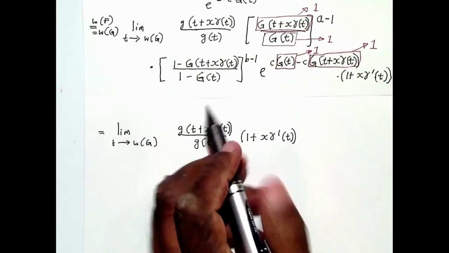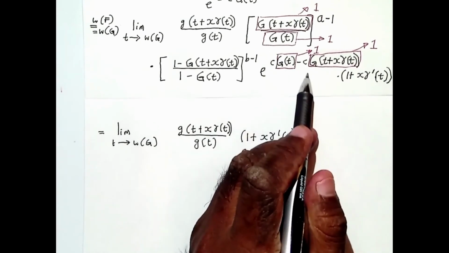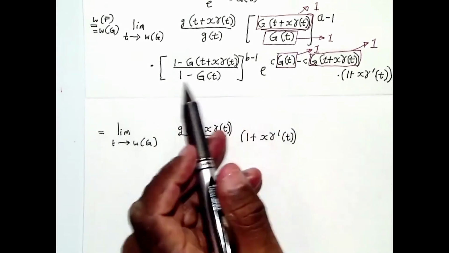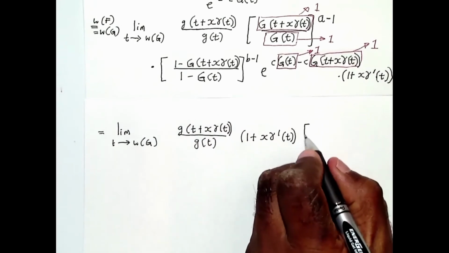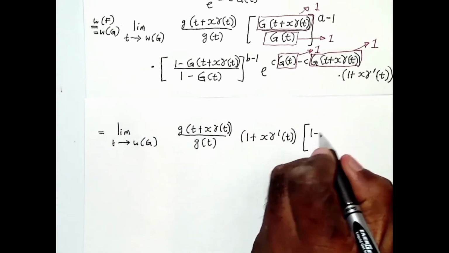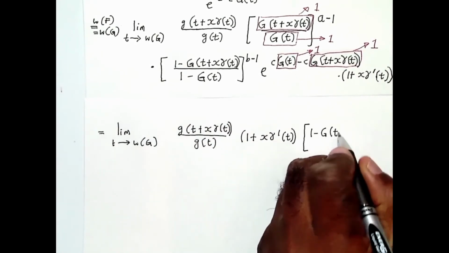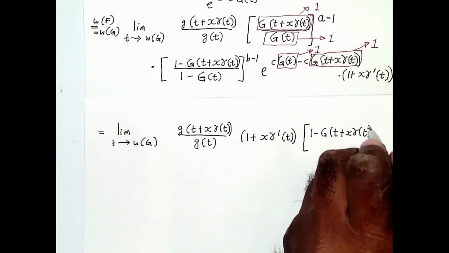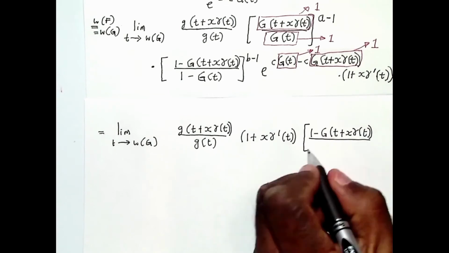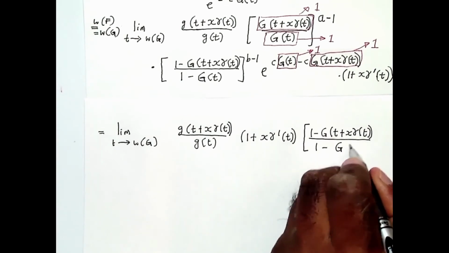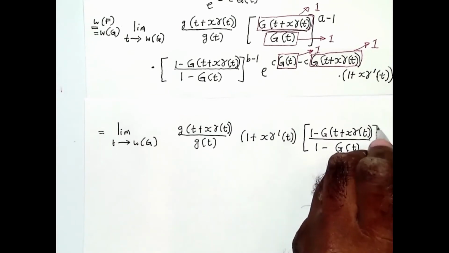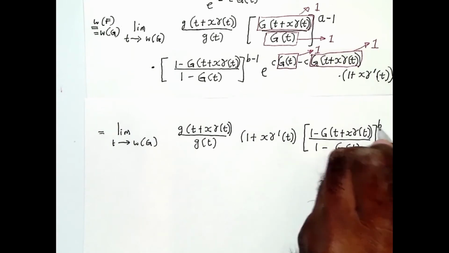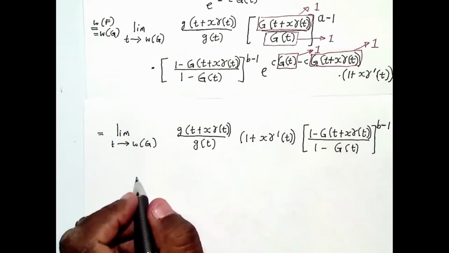Okay, and then this one goes to 1, this one goes to 1, so the only two remaining terms are this one. All right?